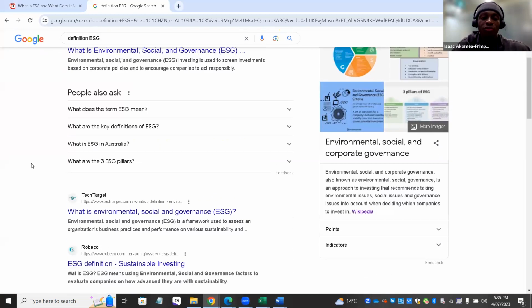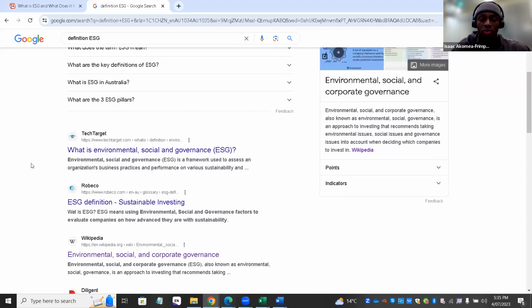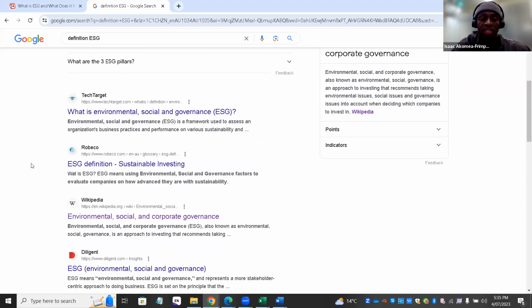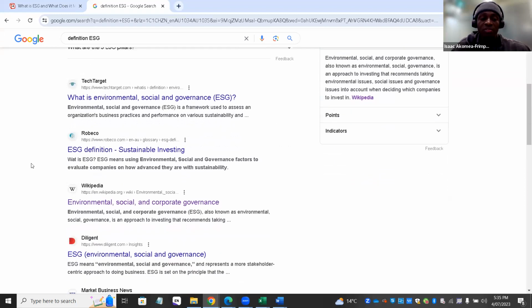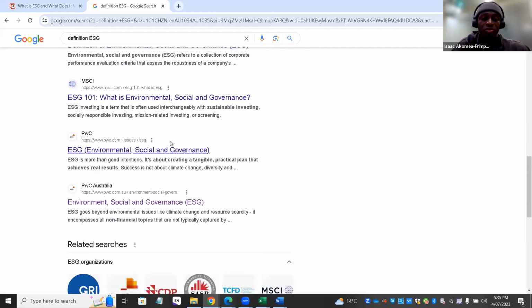If you're going to quote from any institution, it should be one which is well known, because online a lot of people have given definitions of what ESG is about. I prefer an institution which is popular, something like PwC, PricewaterhouseCoopers. They have given a definition: it is about creating a tangible, practical plan that achieves real results, and is more than good intentions.